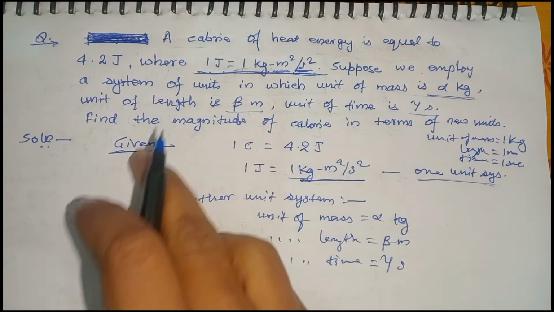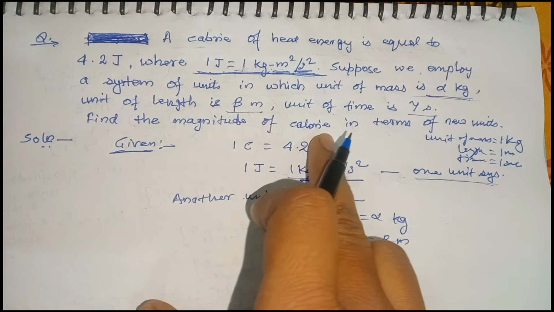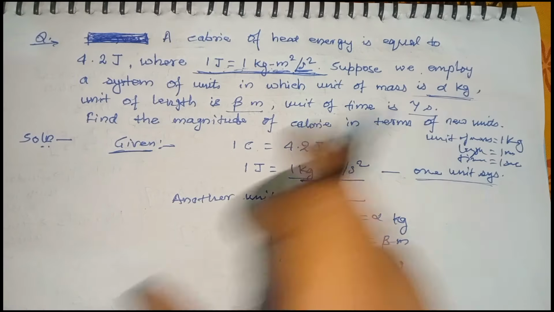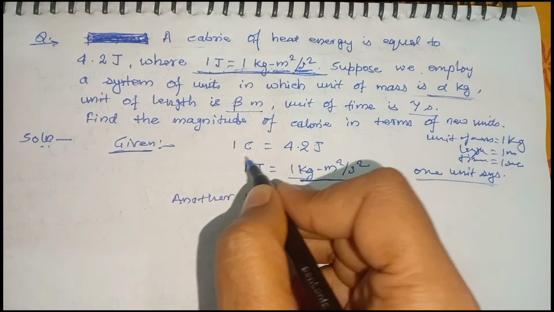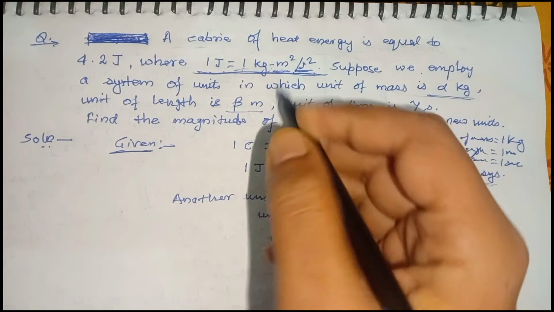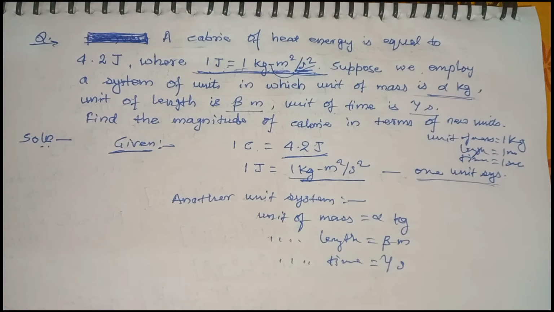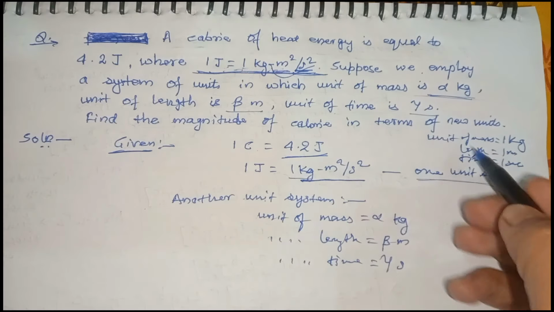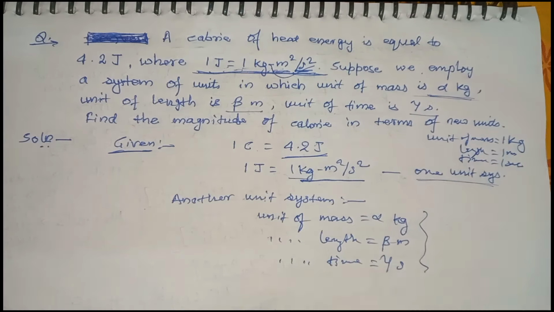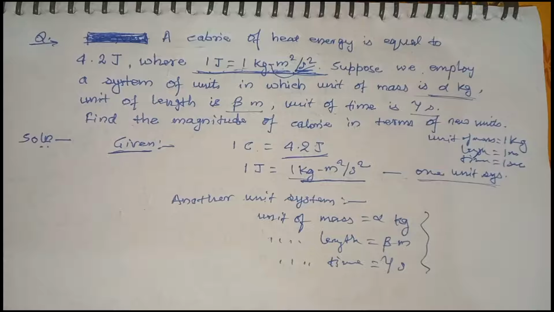Now the main question is to find the magnitude of calorie in terms of the new unit. The magnitude is 4.2 joule in the first unit system, and now in the second unit system we have to find the magnitude of calorie. Let's see how it will be found.